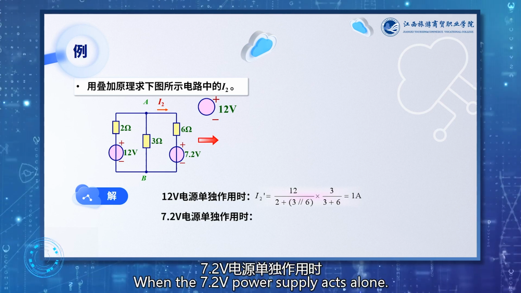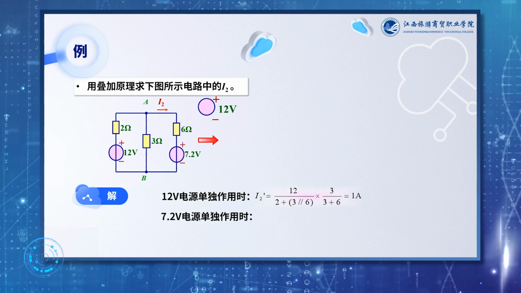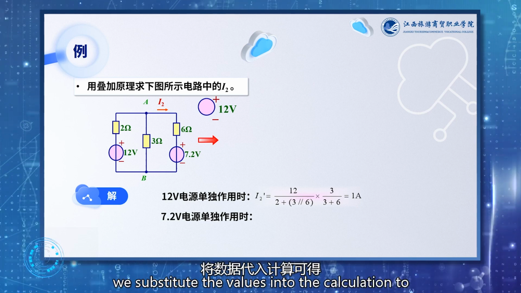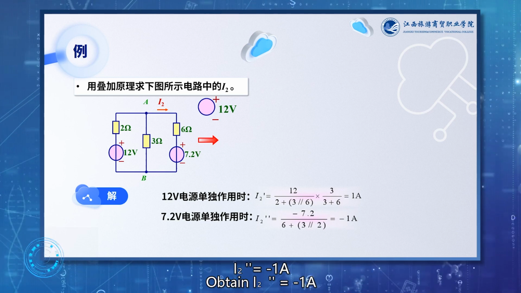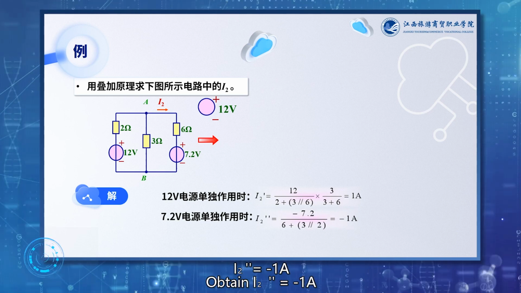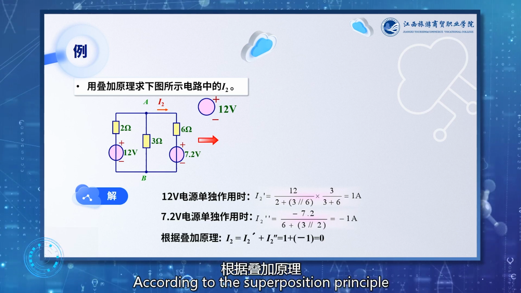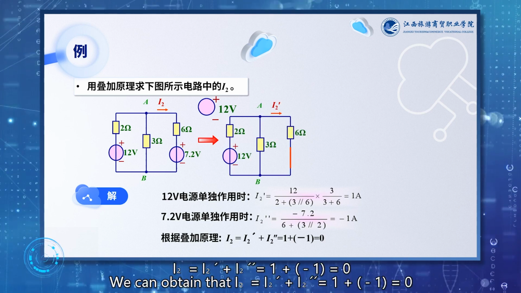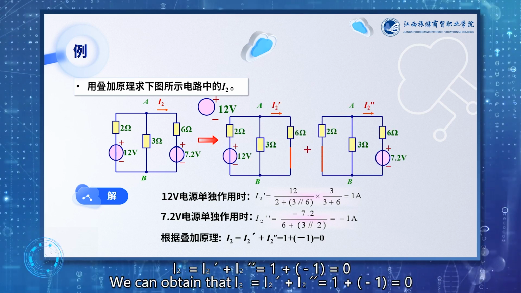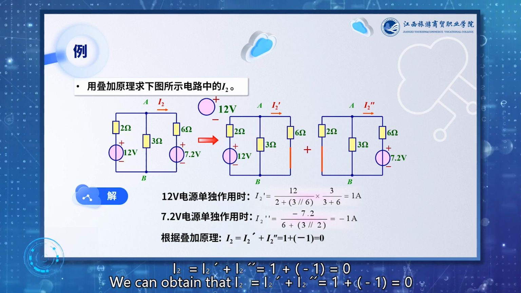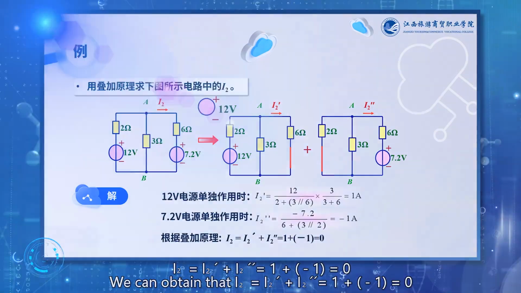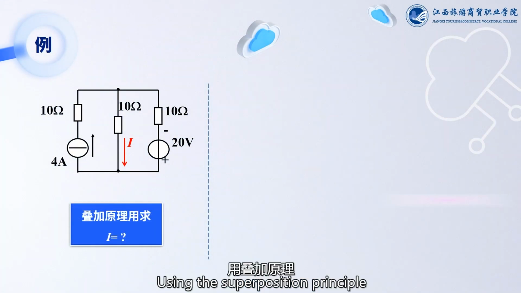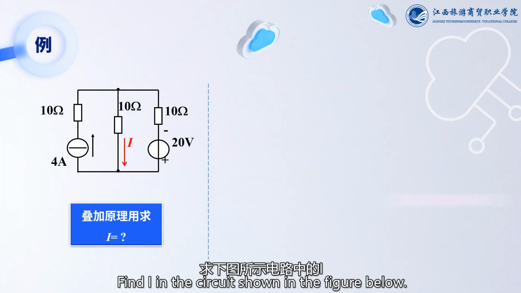When the 7.2V power supply acts alone, after analysis, we substitute the values into the calculation to obtain I2'' equals negative 1A. According to the superposition principle, I2 equals I2' plus I2'' equals 1 plus negative 1 equals 0.